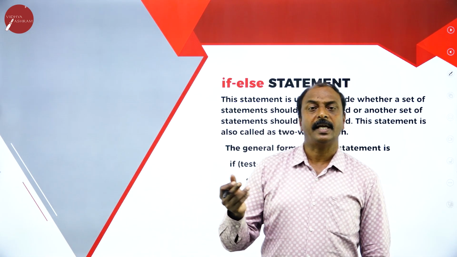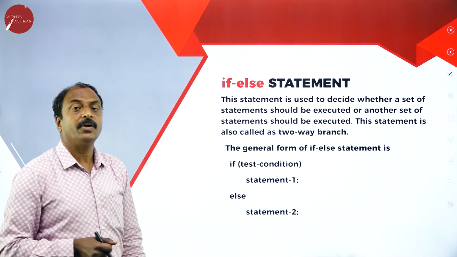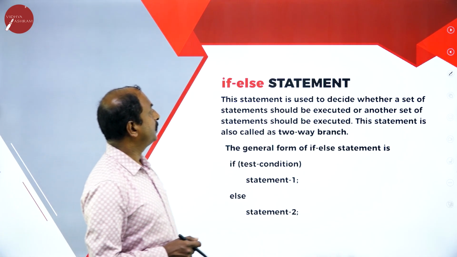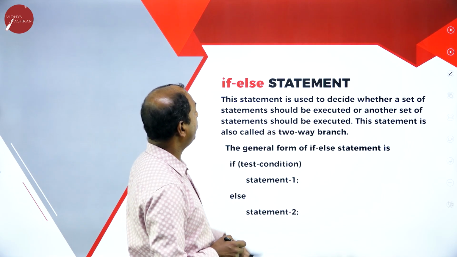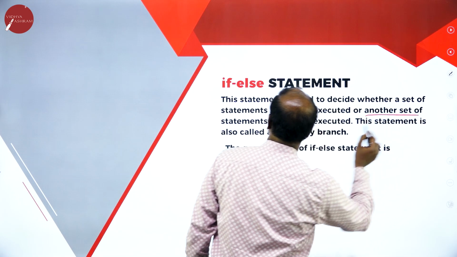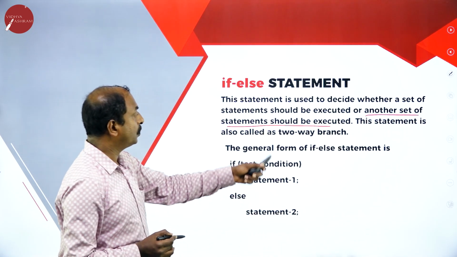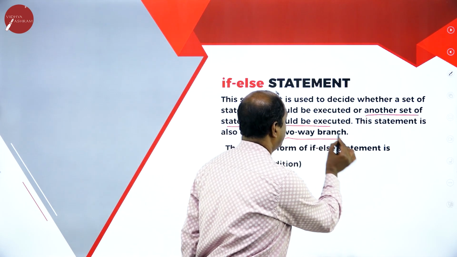Here is another type of construct, that is the if else statement or if else construct. This statement is used to decide whether a set of statements should be executed or another set of statements should be executed. This statement is also known as two-way branching.